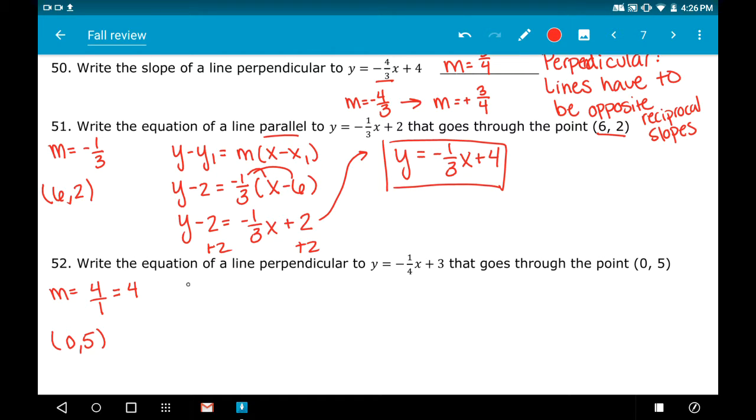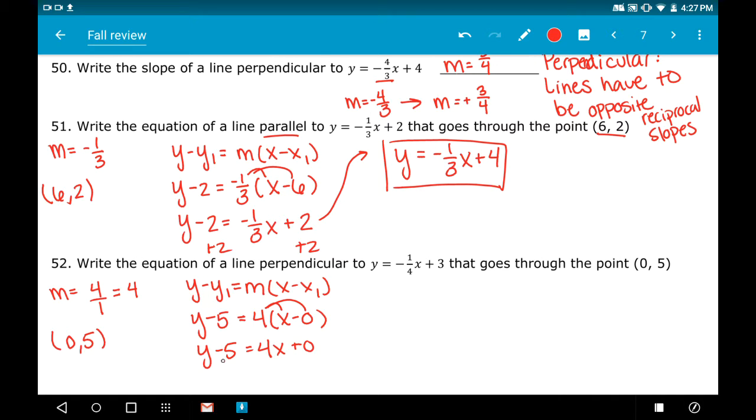So again, we can use point slope, which is y minus 5 equals 4 times x minus 0. When I distribute, I get y minus 5 equals 4x. 4 times 0 is just 0.